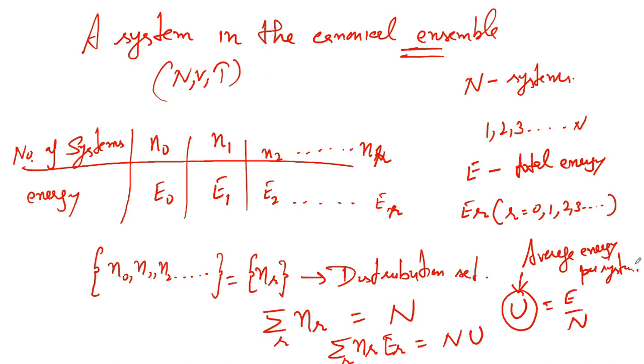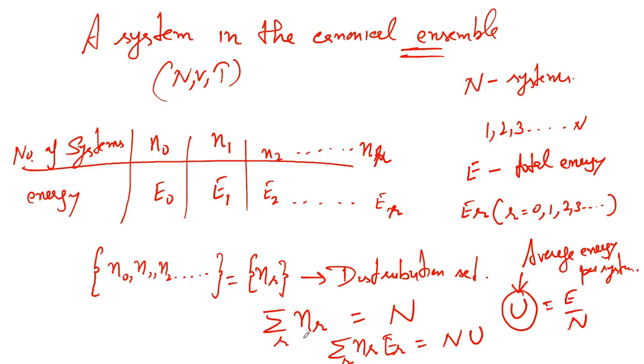Now any set n_r of numbers which satisfies these conditions, let us say these are the two conditions which our canonical ensemble systems must satisfy, represents a possible mode of distribution of the total energy E. Now, such a mode can be realized in a number of ways.